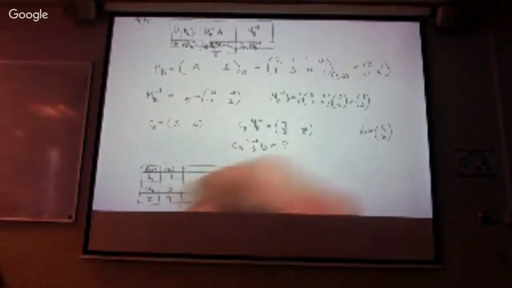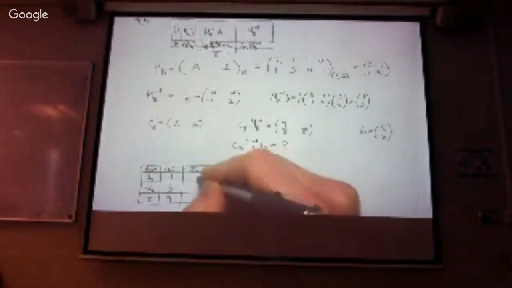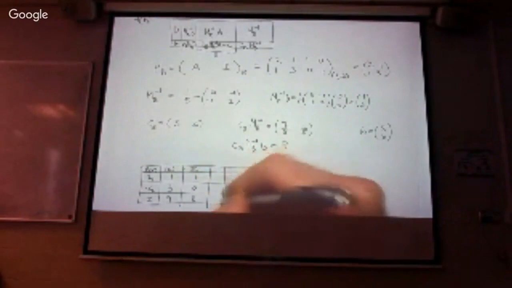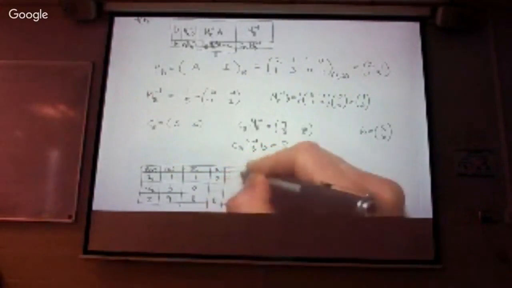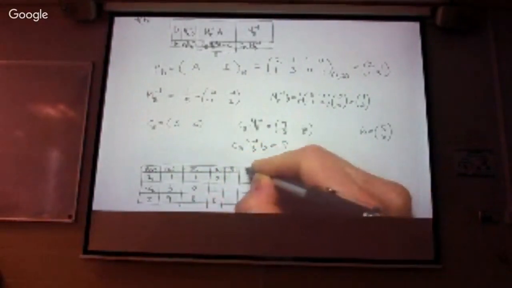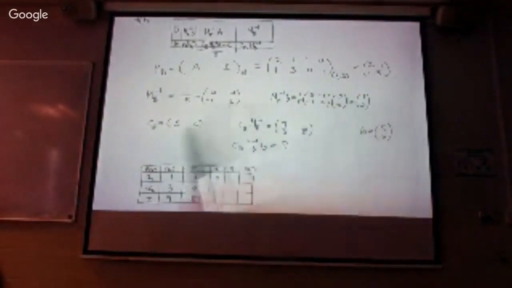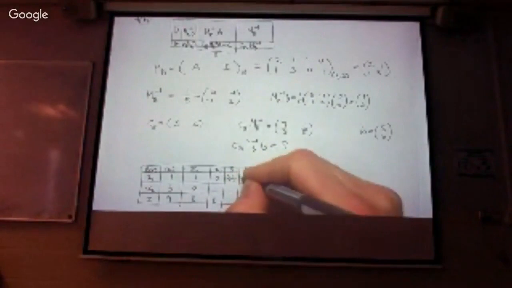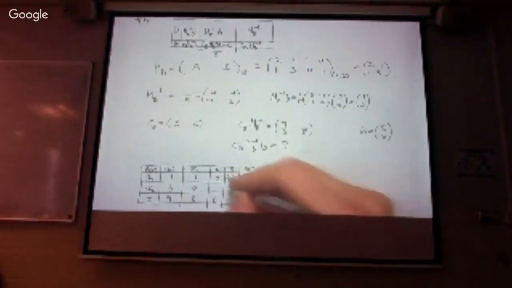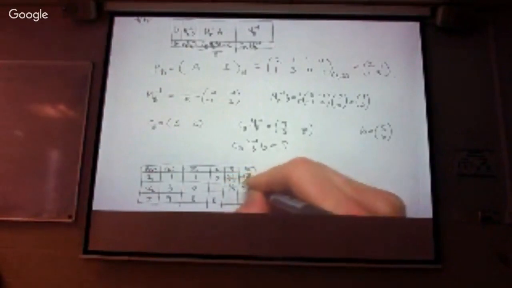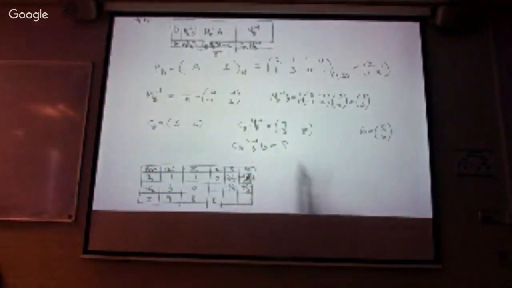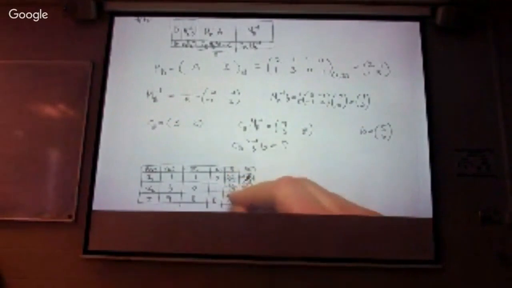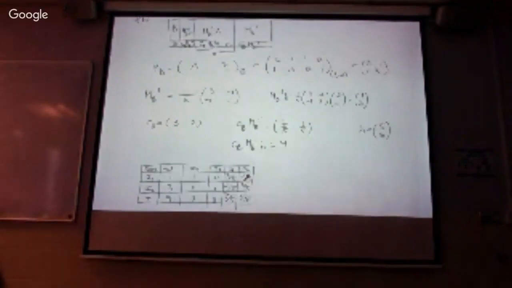And we have x1 in the basis, x2 in the basis, s1, s2. The inverse matrix was 3 over 5, minus 1 over 5, and this bit here is somewhere here. And that's the answer.